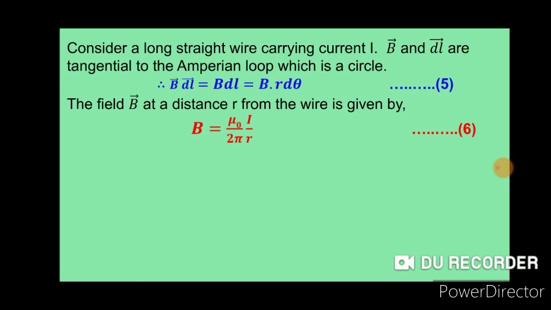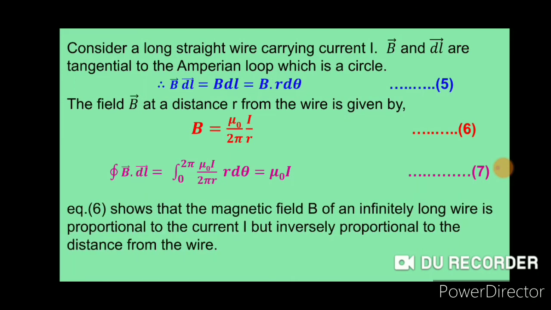Suppose this equation number 6. Therefore, the integration over the closed loop of B bar dot dl bar is equal to the integration of mu 0 I upon 2 pi r, from 0 to 2 pi, r into d theta, equal to mu 0 into I. Suppose this equation number 7.